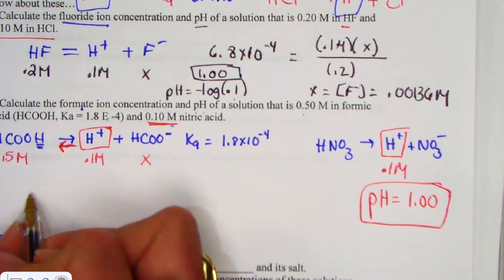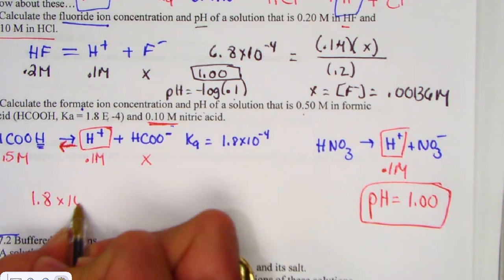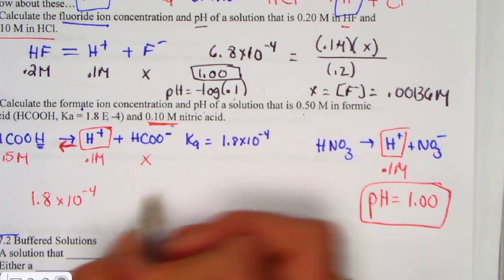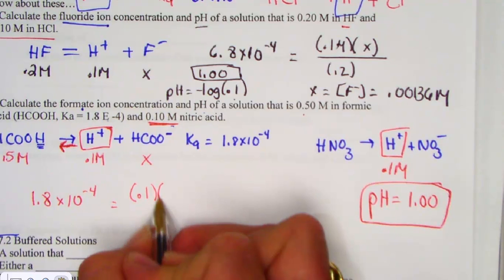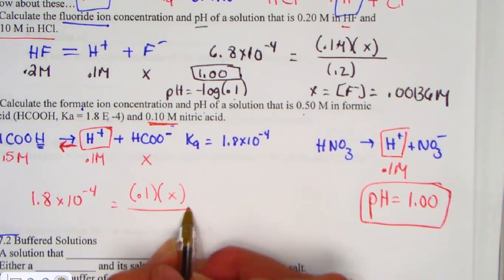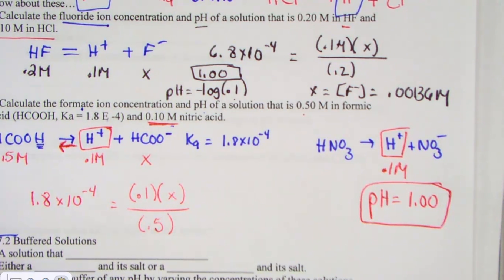Toss it out. And we can solve for our formate ion by setting up an equilibrium problem. 1.8 times 10 to the negative fourth, that was given to us as the Ka. Concentration of hydrogen ion times the concentration of formate, all over the concentration of the original weak acid, 0.5 molar.